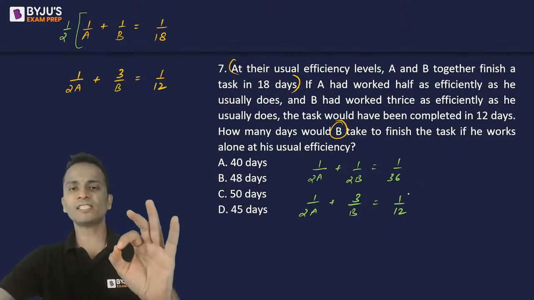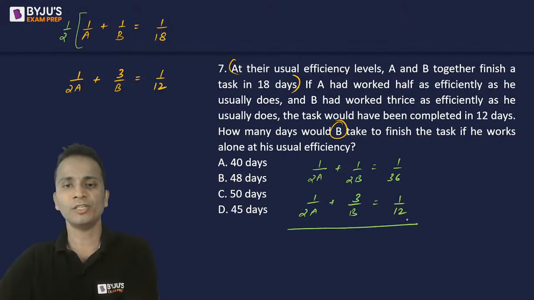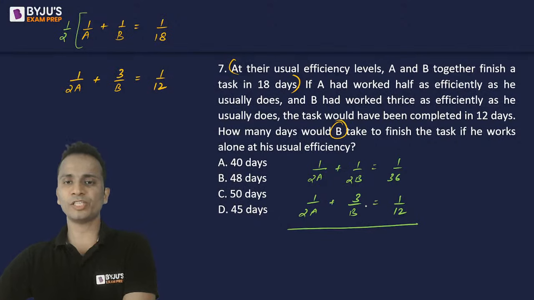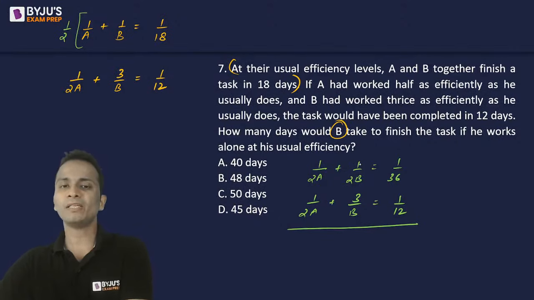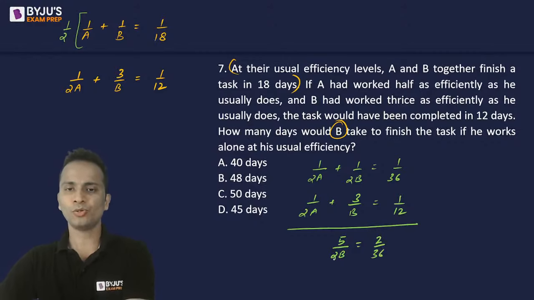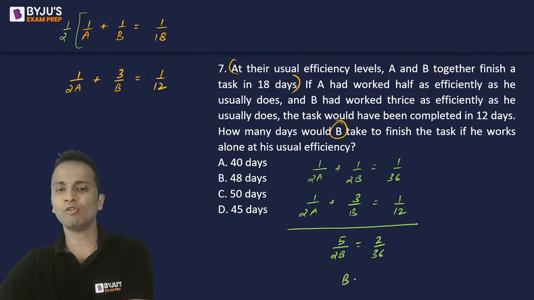I'll subtract the first equation from the second equation. So second equation minus first equation, 3 upon B minus 1 upon 2B, that will give you 5 upon 2B, and this is equal to 2 upon 36. So the value of B will come out to be 45.